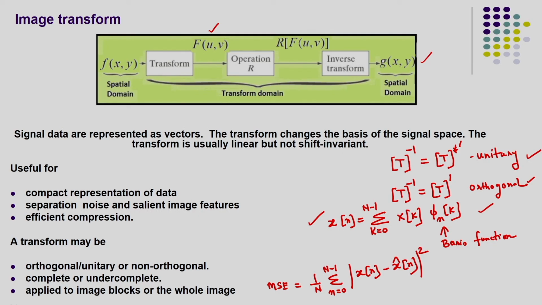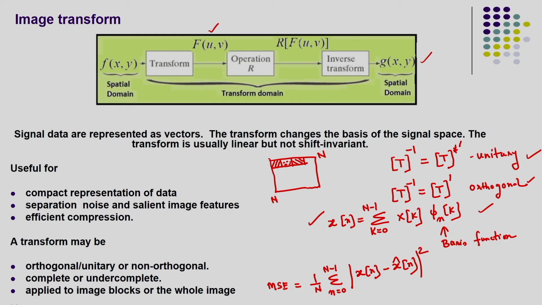Another one is that the transformation can be applied to the whole image. If I consider the whole image, this is an n by n image. For the entire image, I can apply the transformation, or otherwise I can apply it block by block. Suppose this is one block, I apply the transformation to it, then to the next block, like this.